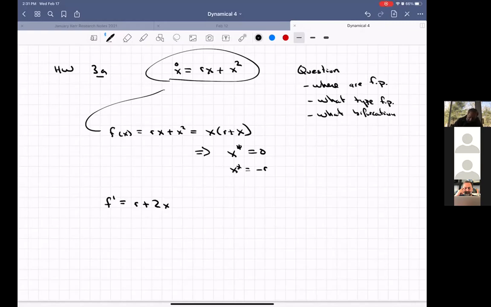Okay. So now the reason I do that is if I compute f prime at 0, I get r. And if I compute f prime at minus r, I get r plus 2 times minus r, I get minus r.